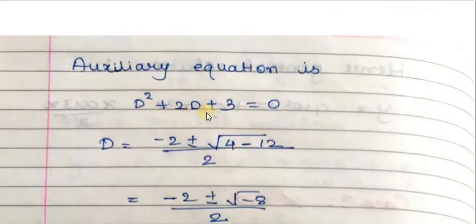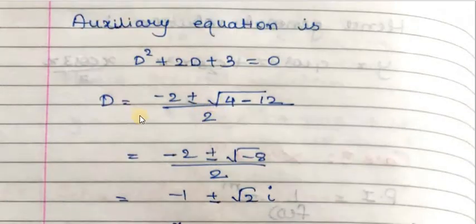Now we cannot factorize this equation, because we don't have two numbers such that their product is 3 and their sum is 2. So we have to solve this quadratic equation by the quadratic formula, which is minus b plus or minus square root of b square minus 4ac, divided by 2a. Here the value of a is 1, b is 2, and c is 3.